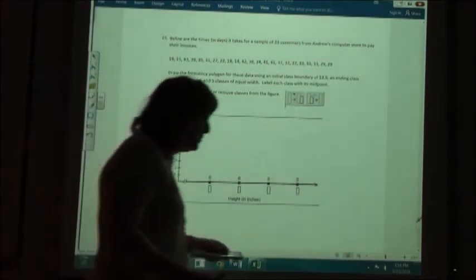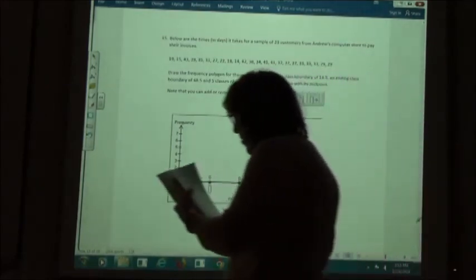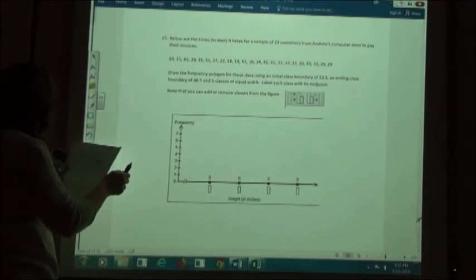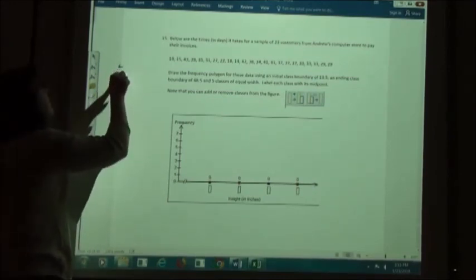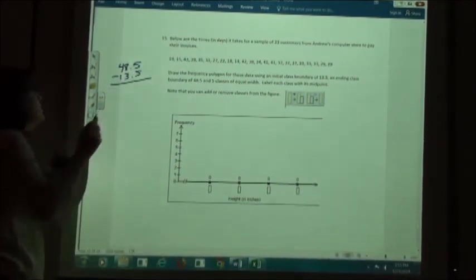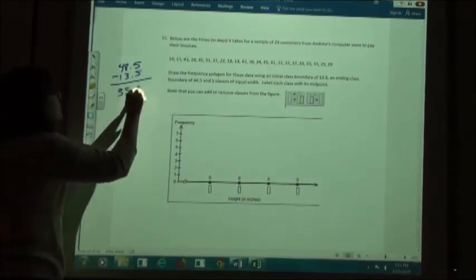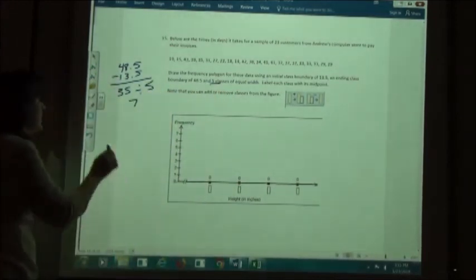So, it says we have an initial class boundary of 13.5 and ends at 48.5. So that, if I subtract, is 35 divided by 5 classes, so 7.